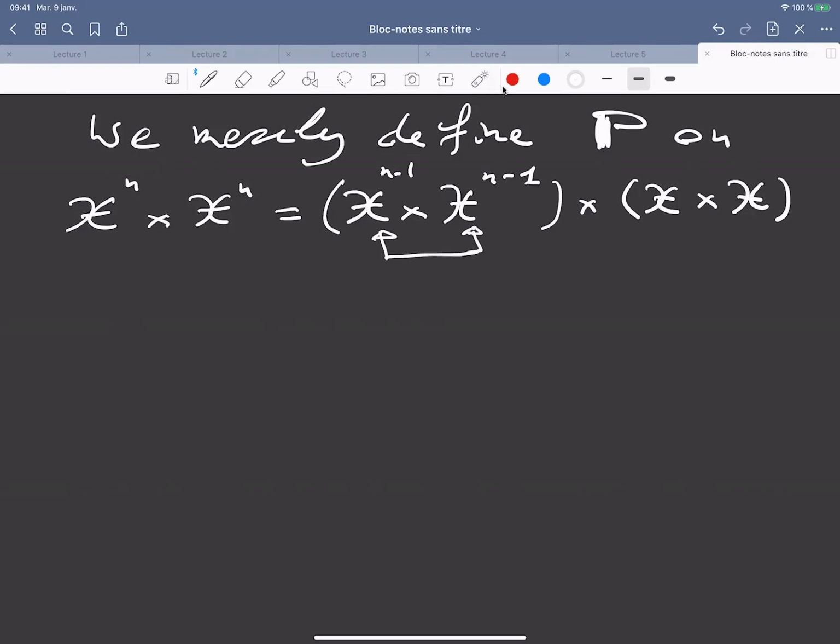This is the space where we have defined our marginal couplings. And now we use simply the fact that there is only one way to stick marginal and conditional distributions.